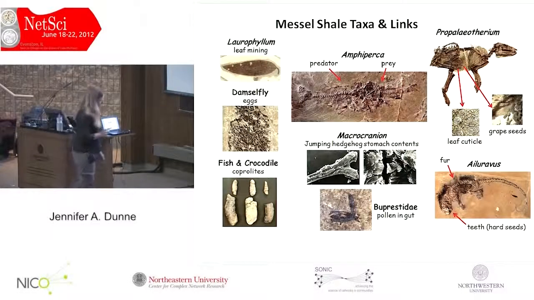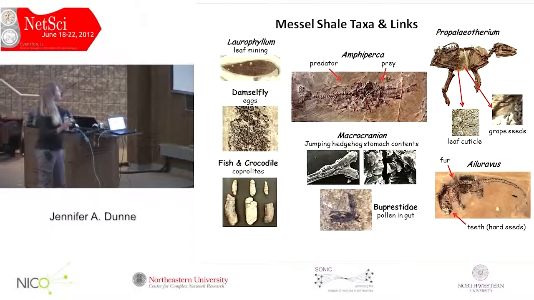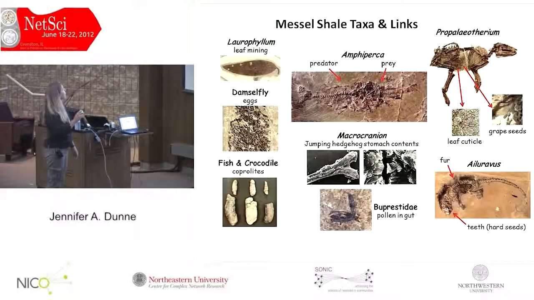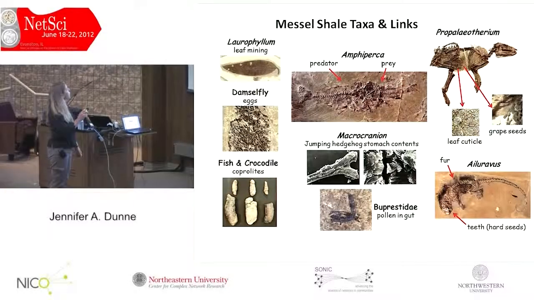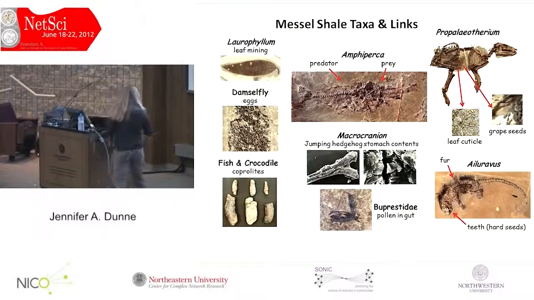And I've been collaborating on this project with Conrad Labandera of the Smithsonian Institution. He's the world's expert on fossil plant-insect interactions. So he can actually go and identify a plant leaf to the plant species and then look at the patterns of damage on that plant and trace that back to the particular mouth parts of a particular insect. So it's really remarkable.